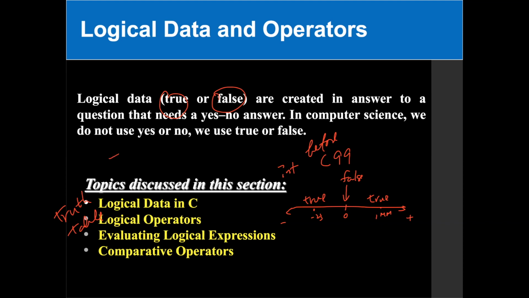You know, when we have true and true, this evaluates to true, or something to that effect. We'll go through that truth table later on. Then let's talk about operators and also various different expressions involving these logical operators. And then let's go through the comparative operators as well. So this will be the basis of this video lecture.